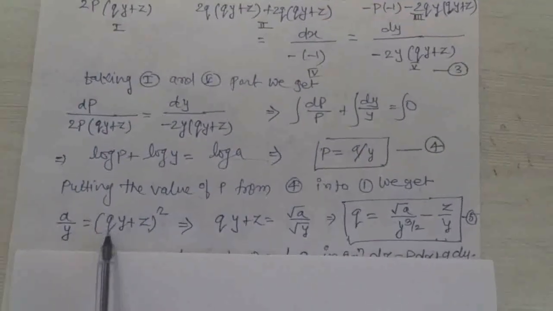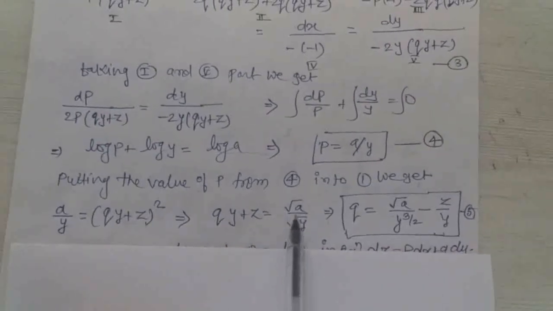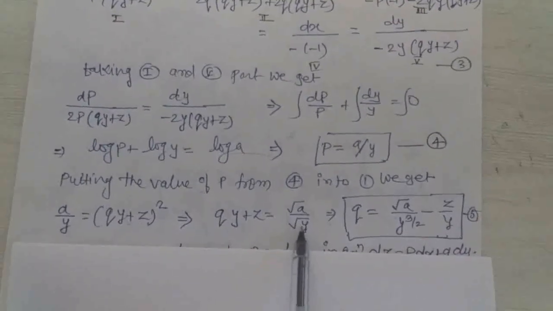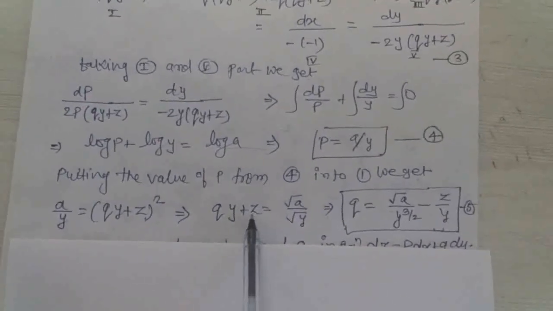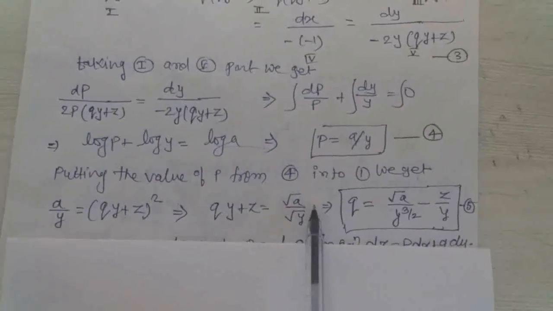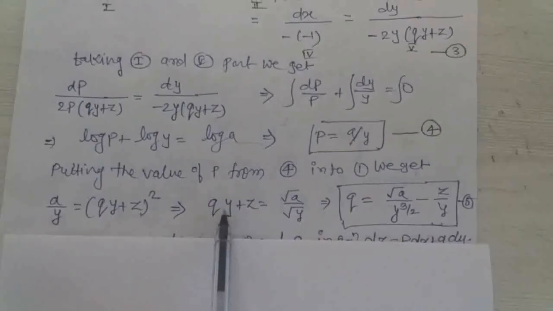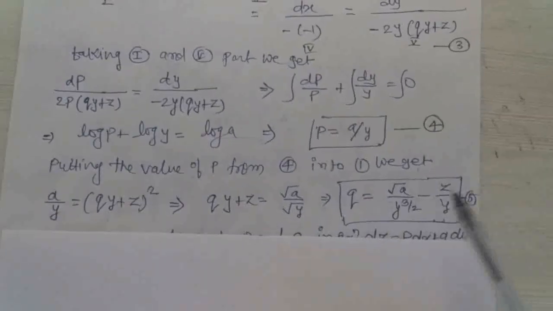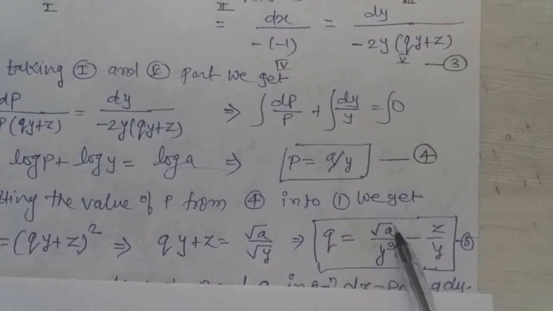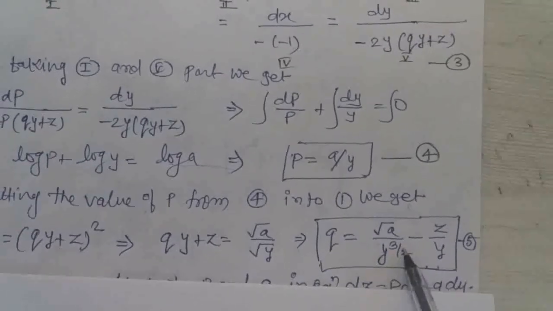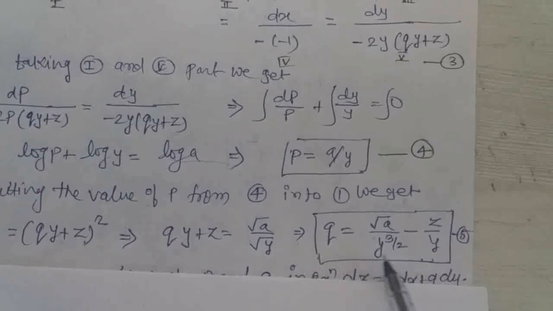From here we take the square root, so qy plus z equal to root a by root y, and which gives the value of q. Transfer the z to the right hand side, so we get root a by root y minus z, and then divide by y. So we get the value of q equal to root a upon y power 3 by 2 minus z by y. So this is the value of q.